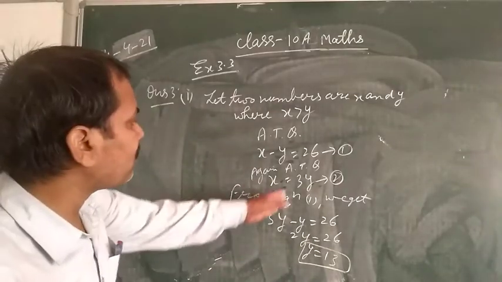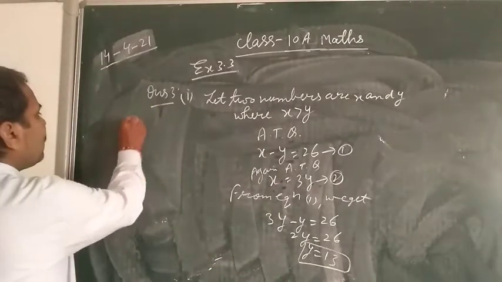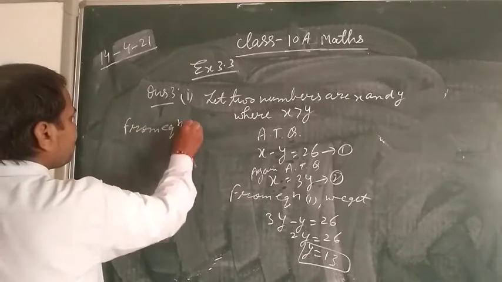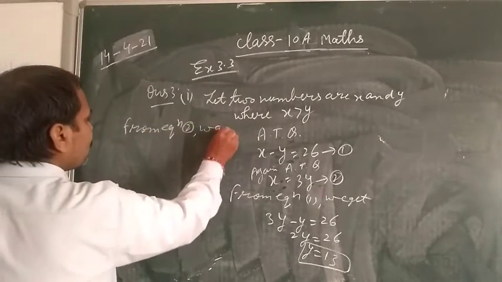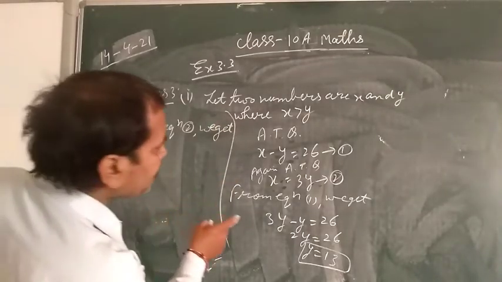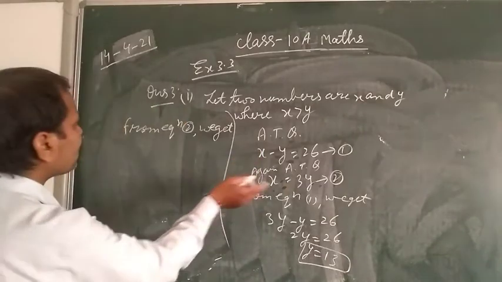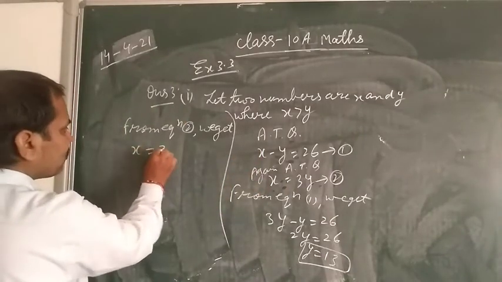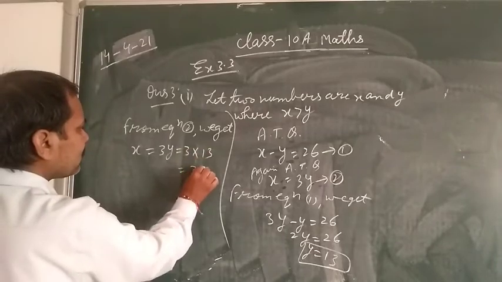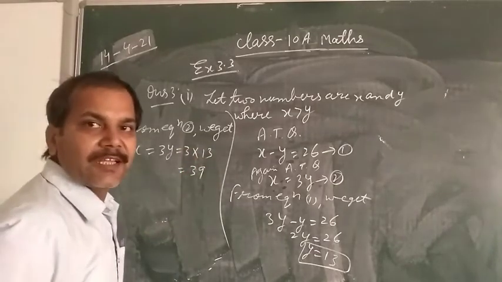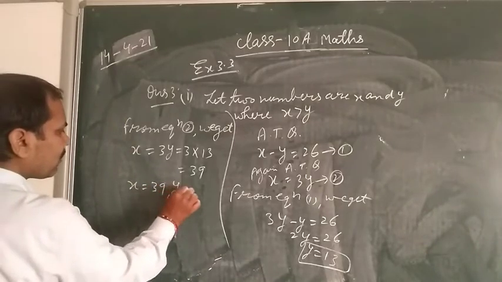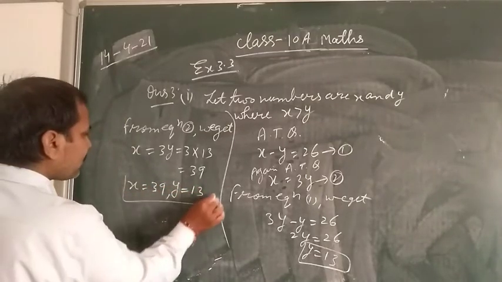Then putting the y value in equation second, x is equal to 3y. So 3 into 13 is 39. Clear? So the solution is x is equal to 39 and y is equal to 13. Two numbers.